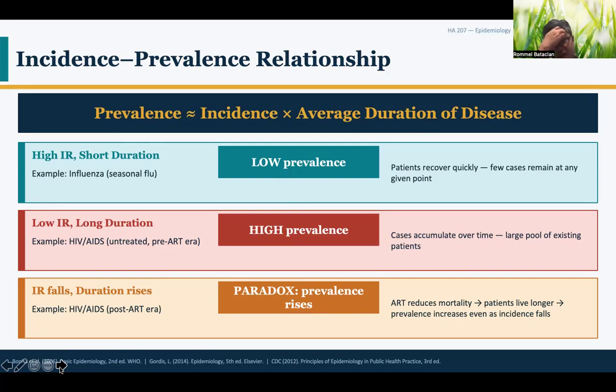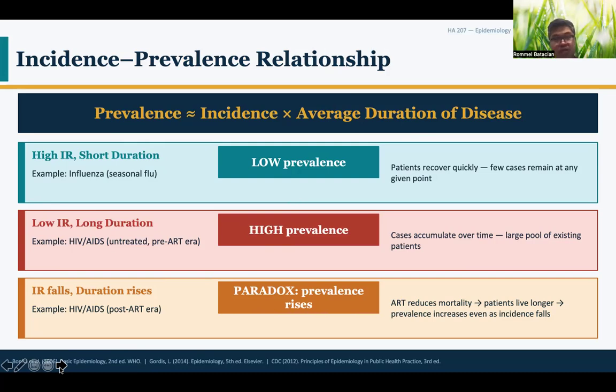This is the ART paradox, or the antiretroviral therapy paradox. The lesson here is that a rising prevalence does not always mean a worsening epidemic. It could mean that your treatment is working. Understanding this prevents the misinterpretation of data, and that translates to your health policies as well.